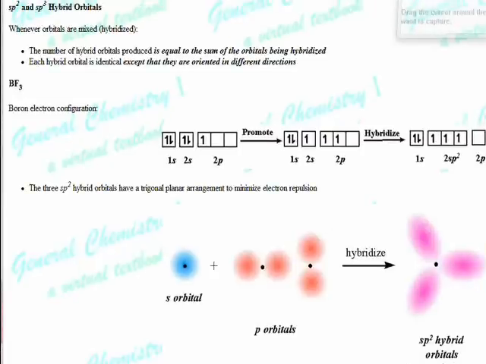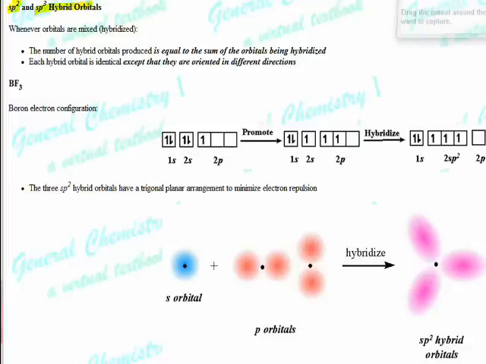Now we just looked at an sp hybrid orbital. Let's look at sp2 and sp3 hybrid orbitals. Now the sp2 orbital means an s orbital and 2 p orbitals hybridized. Not an electron, not 2 electrons as an electron configuration.